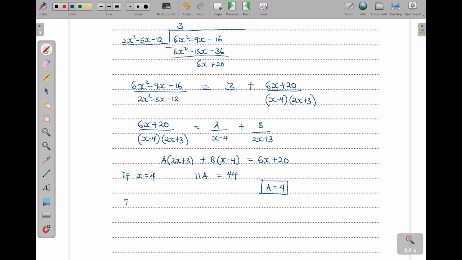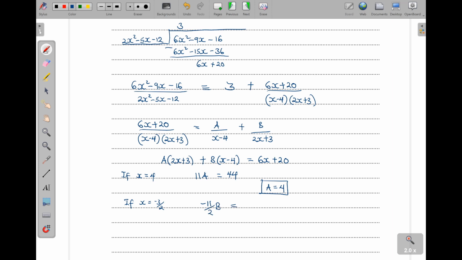Then how about x being equal to negative 3 over 2? You just get this one equal to 0. So the value of x you use is negative 3 over 2. Of course, this one will disappear. And then here you will have negative 1.5 minus 4. That will be negative 5.5, which is the same as negative 11 over 2, of b.